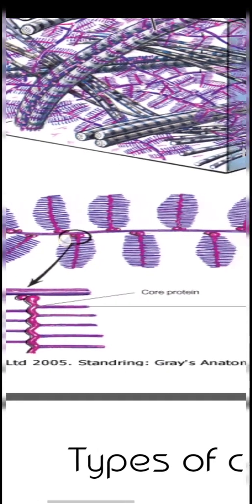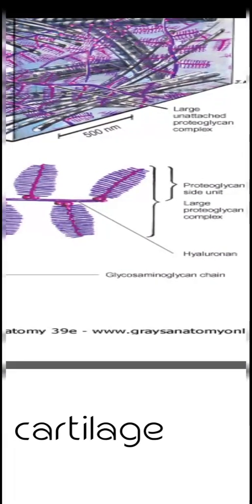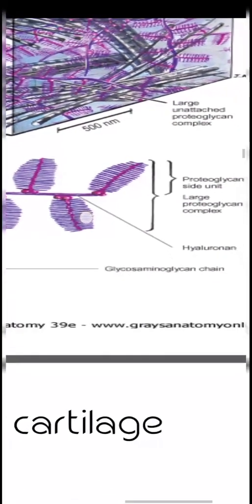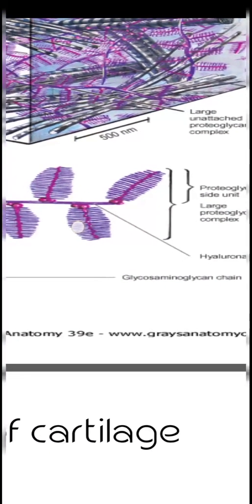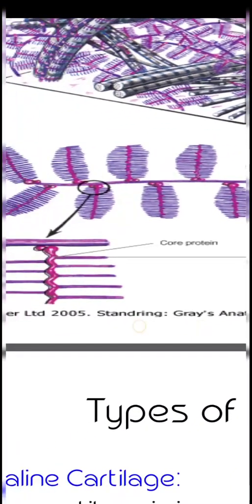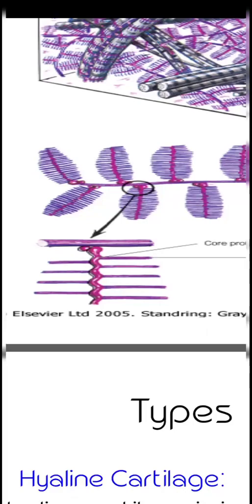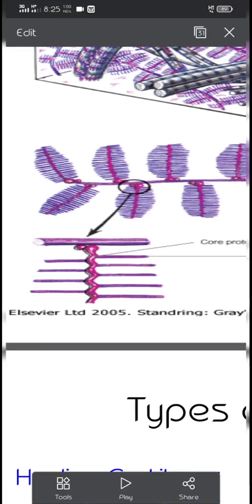Just like that, there is a central core of a protein, and these purple things are glycosaminoglycans that are attached on that core. That is the basic structure of a cartilaginous tissue. So it is just like the branch and the leaves of a tree. The core or the branch is made up of proteins, whereas the edges of the leaves are made up of glycosaminoglycan.